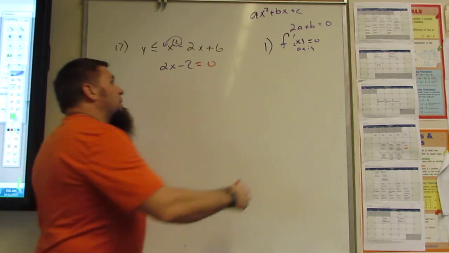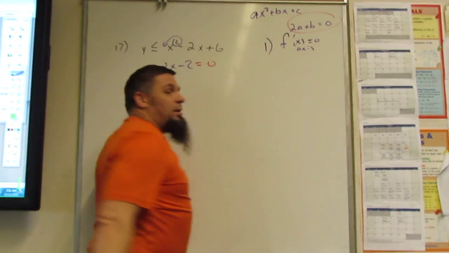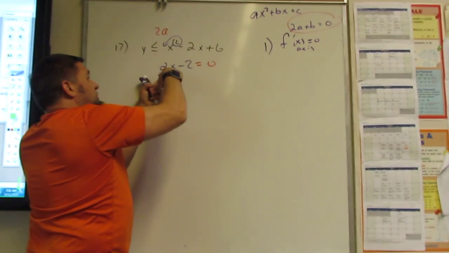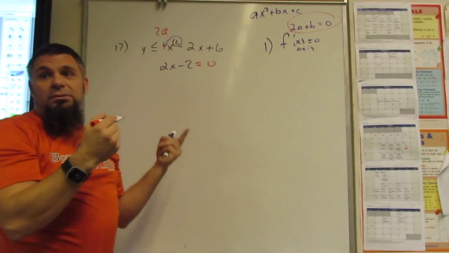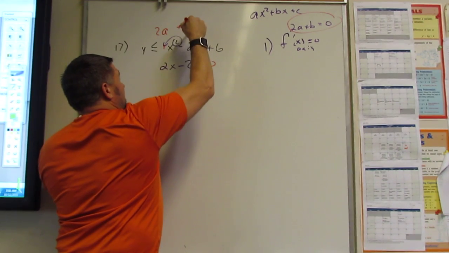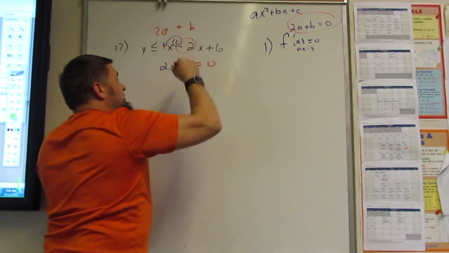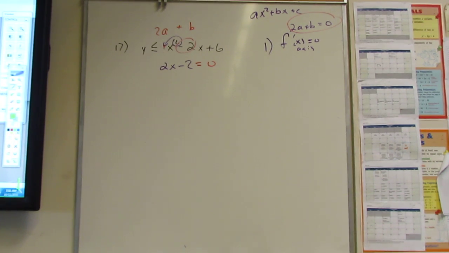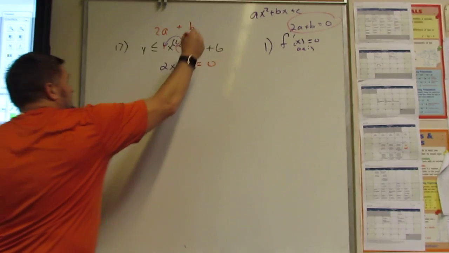But if you are, do this. 2a plus b. 2a, a is 1, plus b, b is negative 2. Plus a negative 2 is minus 2. It's easy. Set it equal to 0.